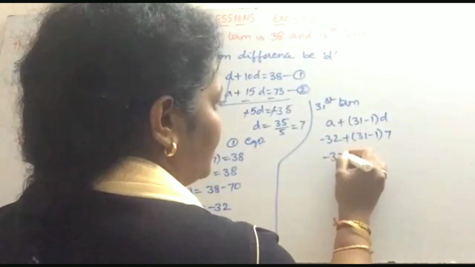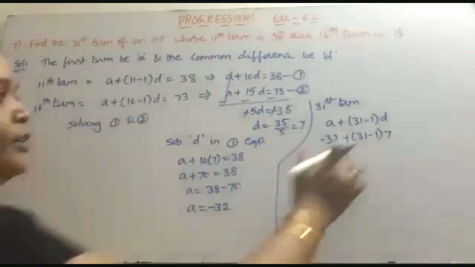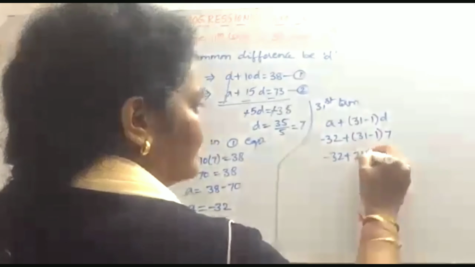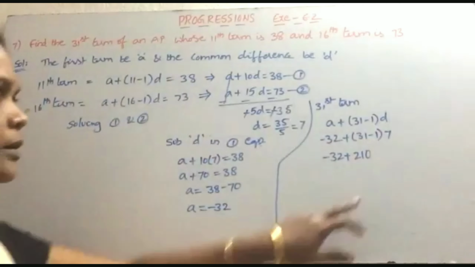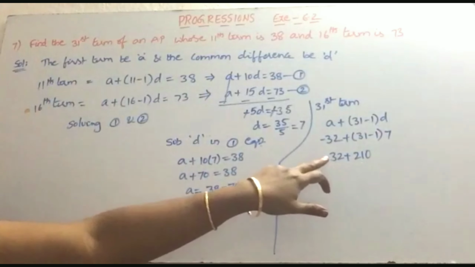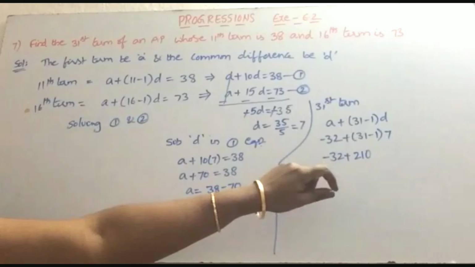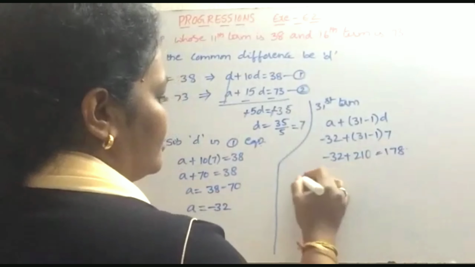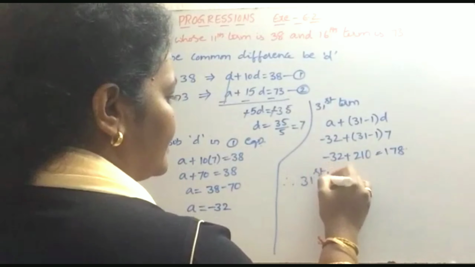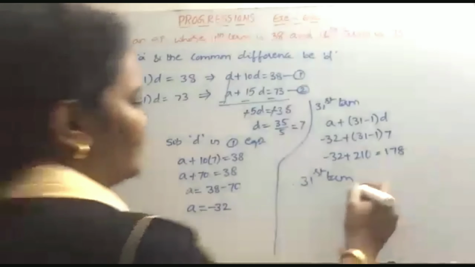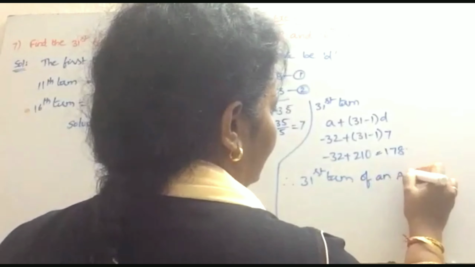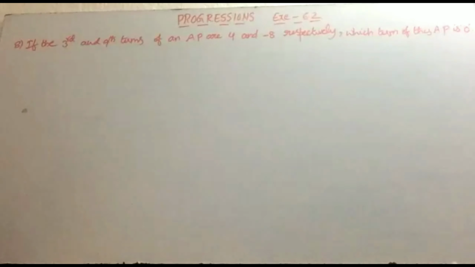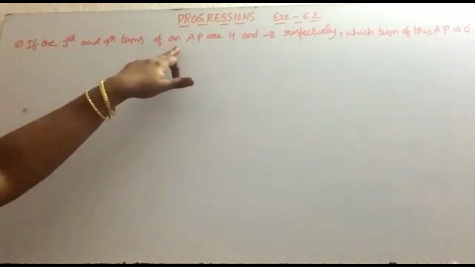So minus 32 plus 30 into 7, 210. So the 31st term is equal to 210 minus 32, that is equal to 178. So therefore the 31st term of the AP is 178.